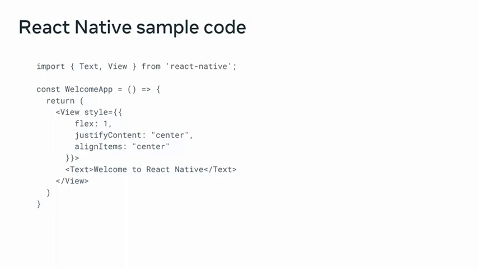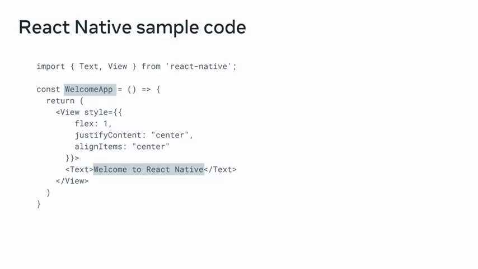The code defines a React component called Welcome App. This component renders a text that says, "Welcome to React Native." The text is rendered using the inbuilt component text, and all of this is wrapped within the view component, which is like a div tag in HTML.